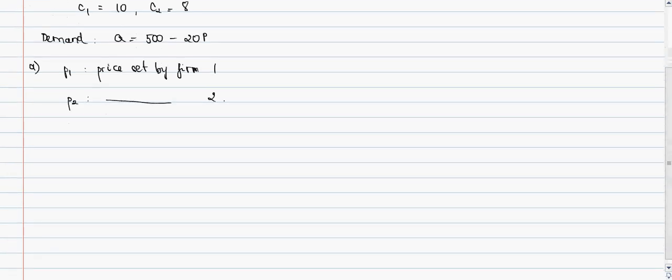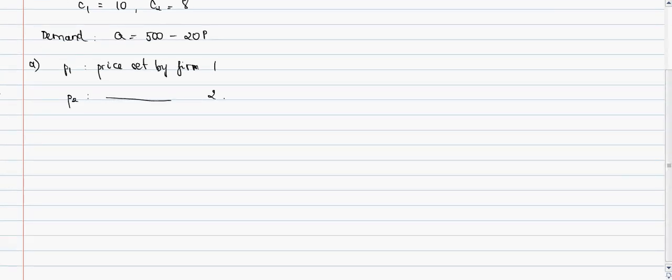The two firms are going to set their prices simultaneously. Now remember, they try to maximize the profit. So a firm will never set the price below its marginal cost, because by doing that, it will incur a negative profit. They would rather not sell anything to the market and get zero than sell at a price such that they get a negative profit.